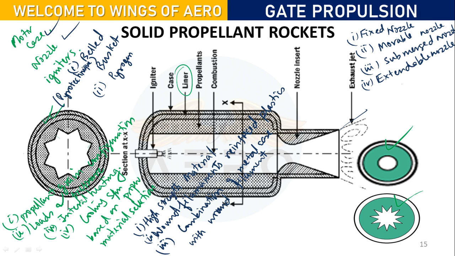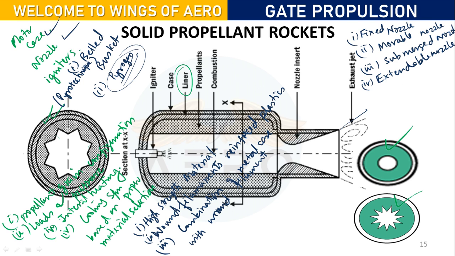Next comes how this ignition process occurs. They are different based on the process, the mechanisms. So if I want to use it for small rocket motors, that time I'll be using pyrogen.